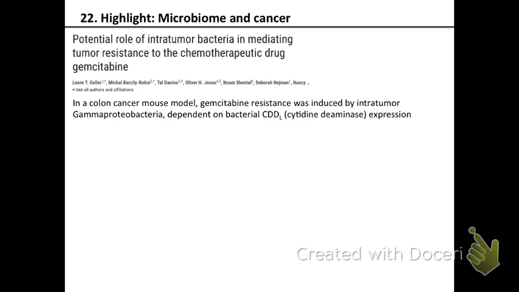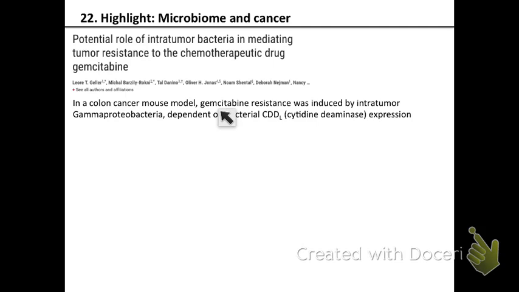Okay? For example, in this very recent publication, the authors were looking at a colon cancer mouse model, and what they found is that the treatment drug called gemcitabine, which is usually used for this colon cancer, was completely inactive in some cancer mouse models.